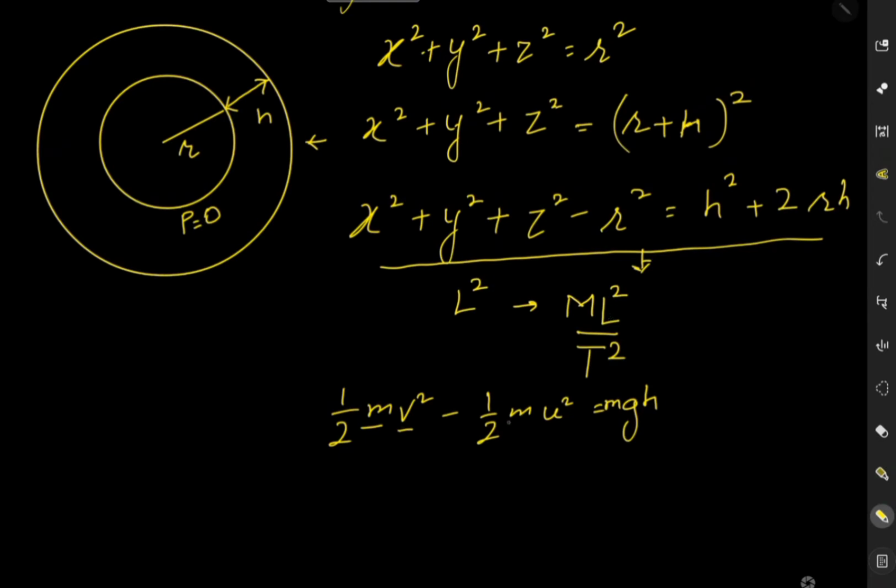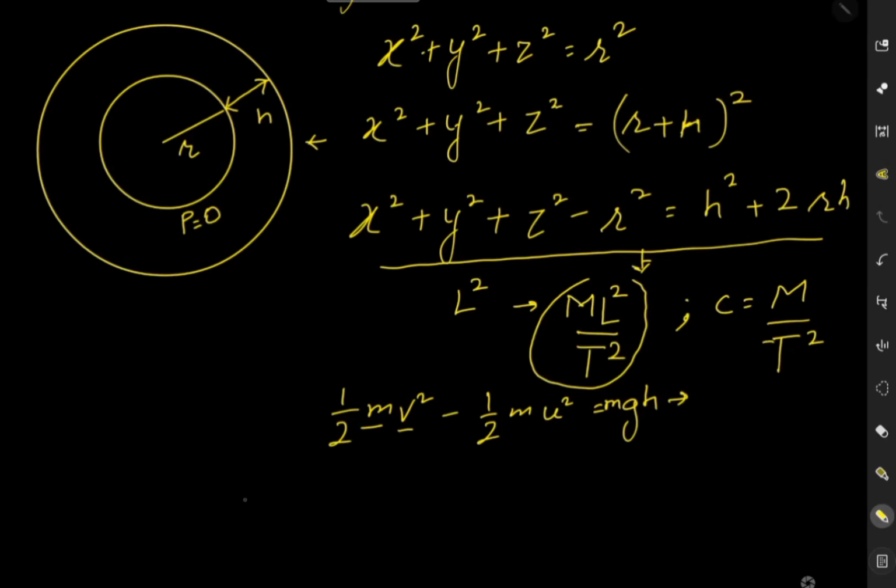So from here this term has come, because these are units of potential energy. mgh is potential energy. So to convert the units of L square to potential energy units, we will multiply by some constant c, which has dimensions of m by T square.